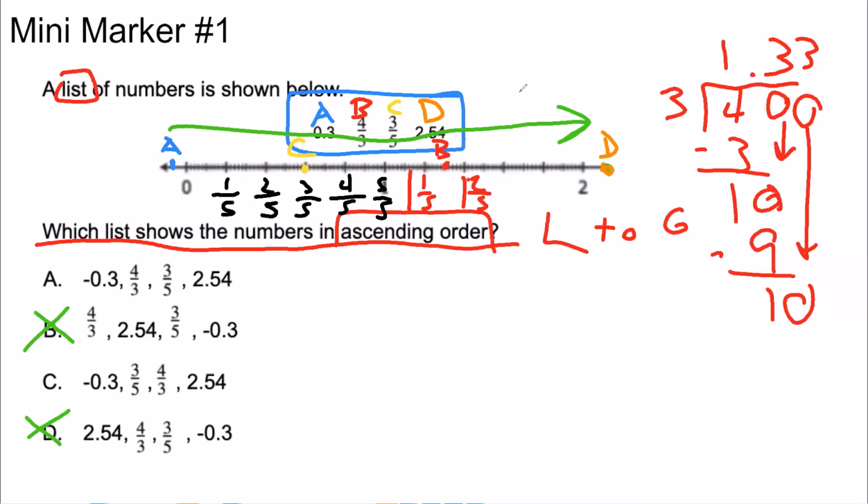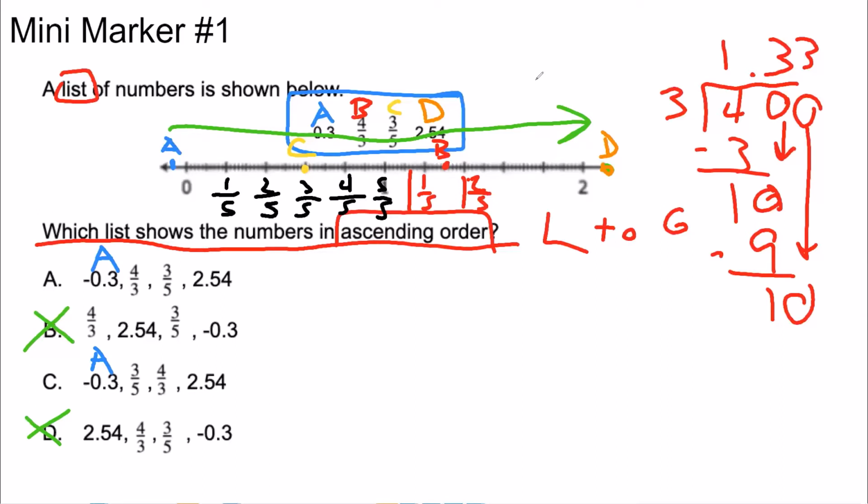Now, I'm going to label each one according to my letters. Answer choice A is correct. Answer choice C is correct as far as having -3/10 as the least value. Now I have to move to the next number.